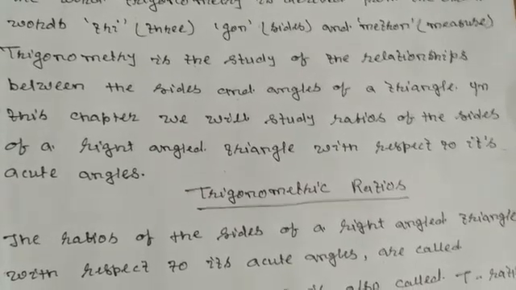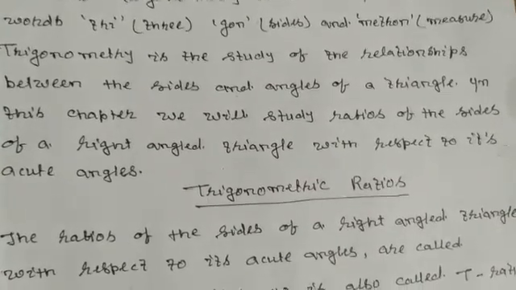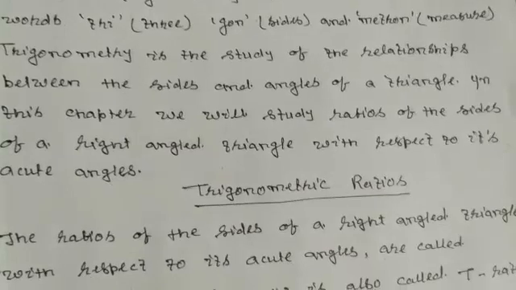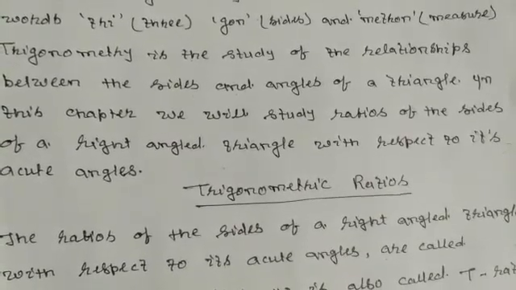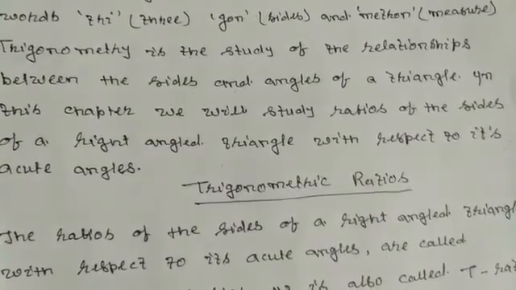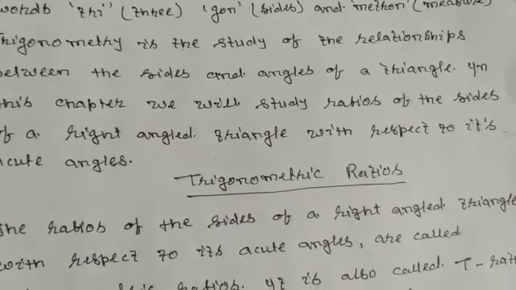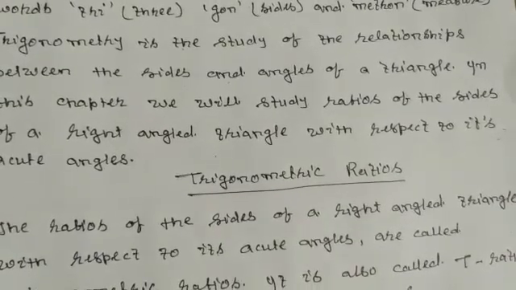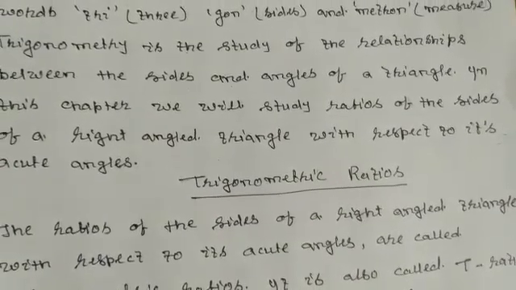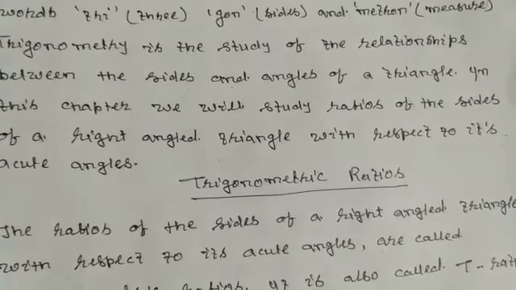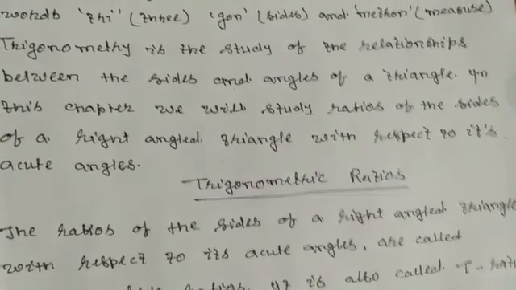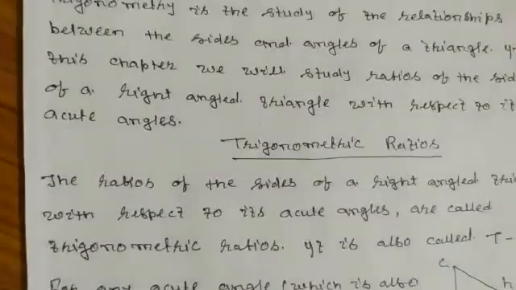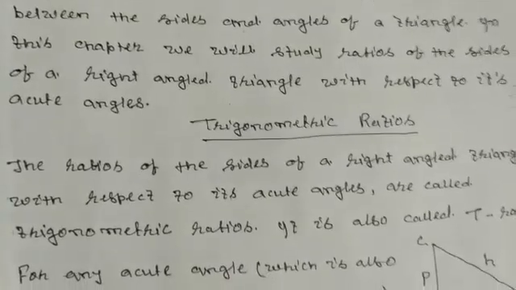As you know, in a right angle triangle, one angle is of 90 degrees and the remaining two angles are acute angles, whose measurement is between 0 degree and 90 degree.